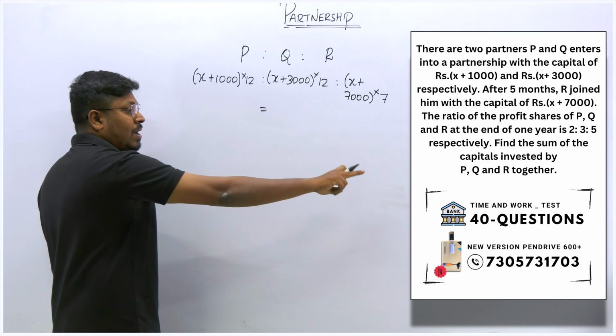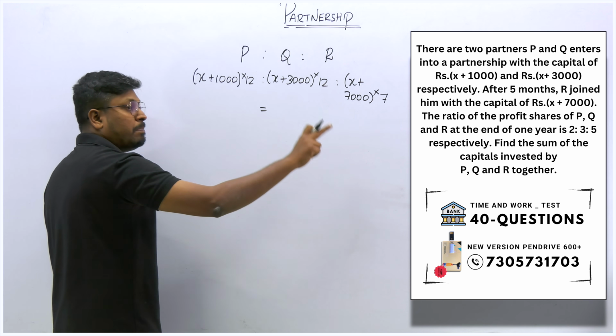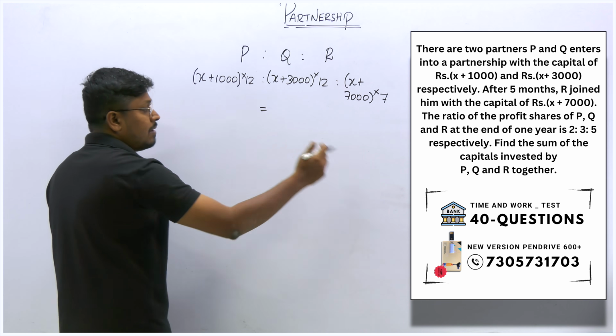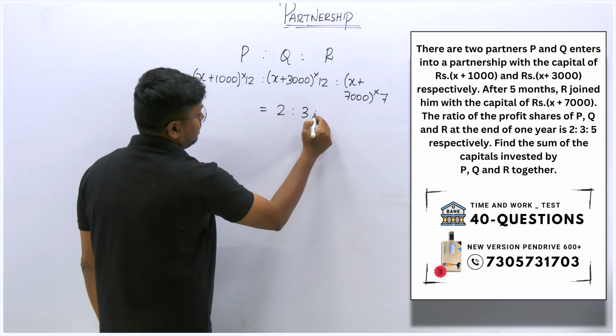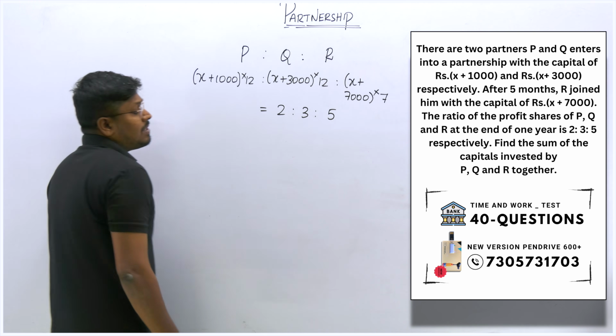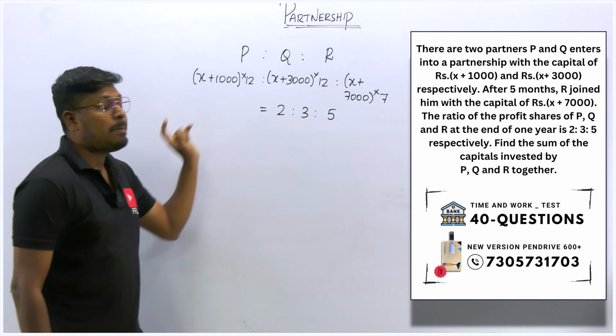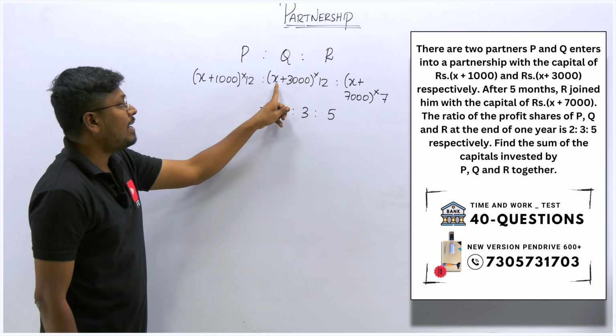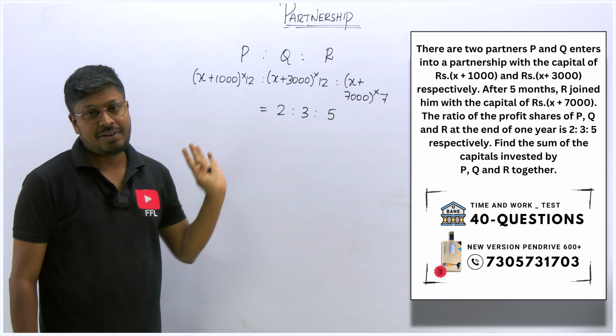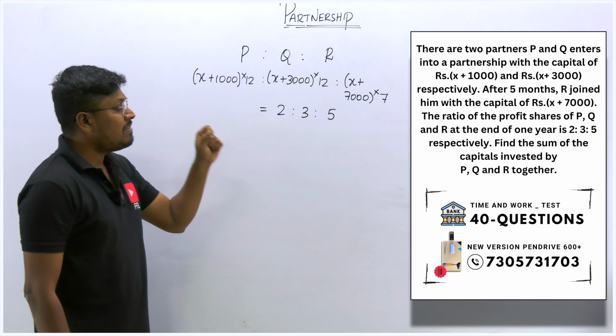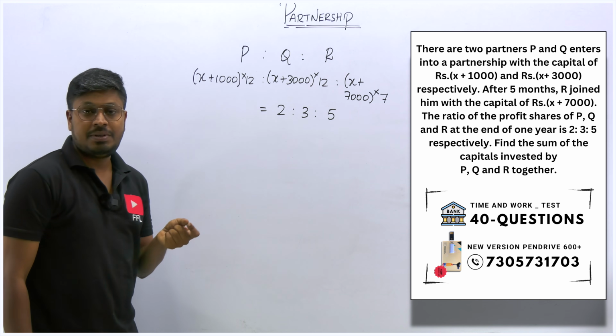Just see the ratio. After 1 year, the ratio of the profit share is also given, which is 2:3:5. So now our target is to find the sum of all the 3 initial capital investment. If you find the value of x, finding the sum will be very easy. And listen carefully, even in the previous video I have told you this, right?